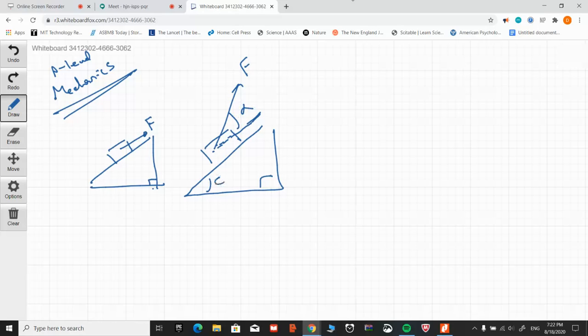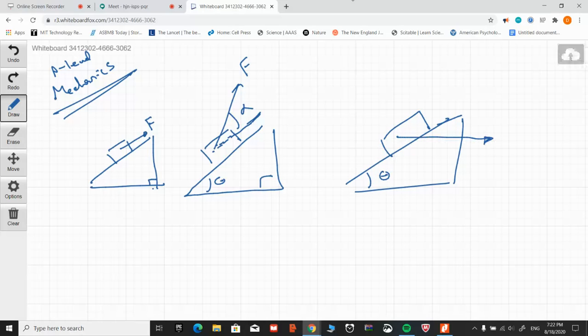If this was theta, this was alpha. We also discussed a case where the external force is acting completely horizontally on the object on the inclined plane.